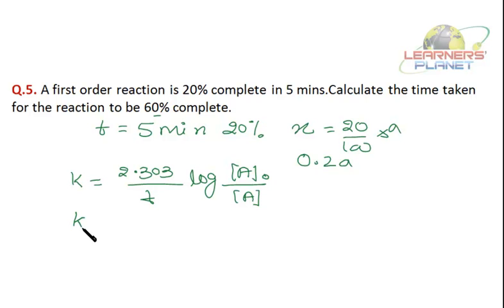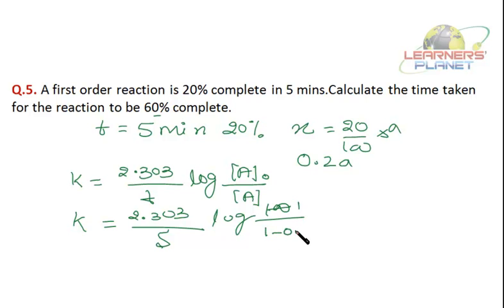Now we have to find out the value of K. K is equal to 2.303 by T. What is the time? It's 5 minutes. Log of the initial concentration, it's percentage, so we have to take it 100, and that divided by, I can take it as 1 also here, right? So if I'm taking it as 1, so A by A minus 0.2 A. It is A minus, not 1 minus.